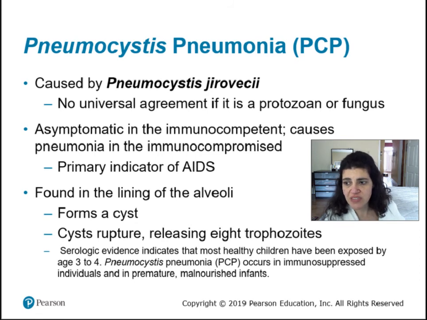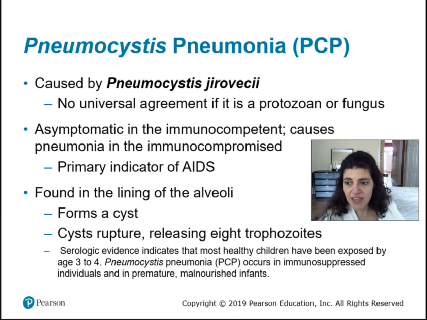The symptoms of this disease include dyspnea, non-productive cough, and fever. Okay, and in chest radiography, you can see bilateral infiltrates. Usually when you have lung infections by fungi, you can see infiltrates on both sides.